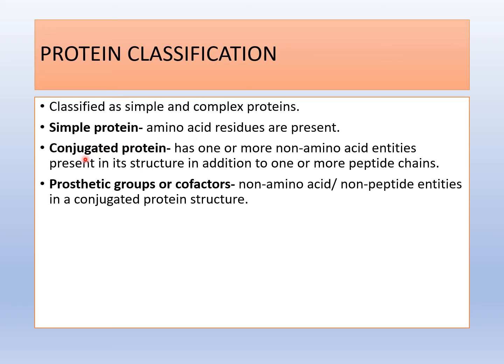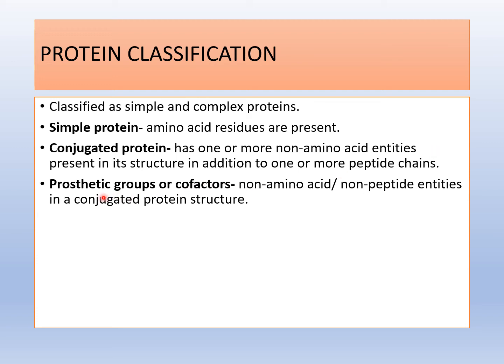For the conjugated protein, it has one or more non-amino acid entities, which means we have the amino acid part, and some parts of the proteins are actually lipid parts. Some parts of the proteins are actually carbohydrate parts.